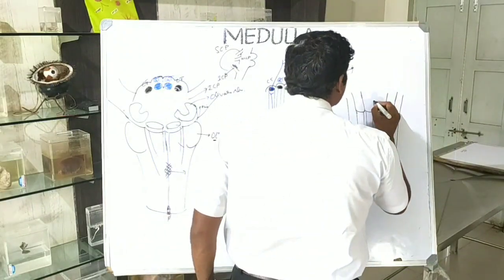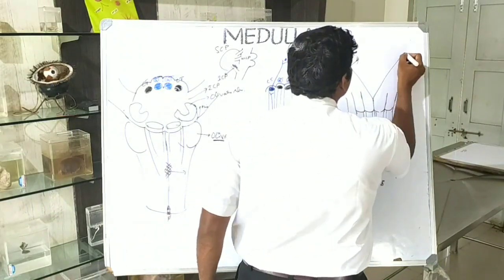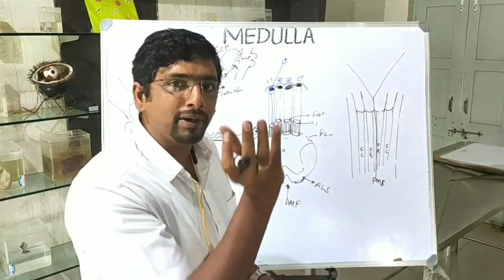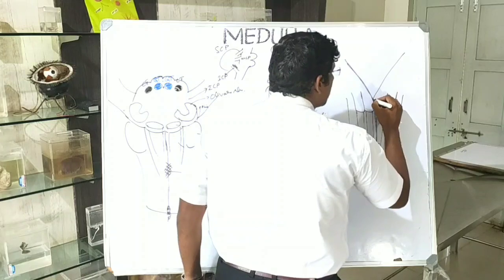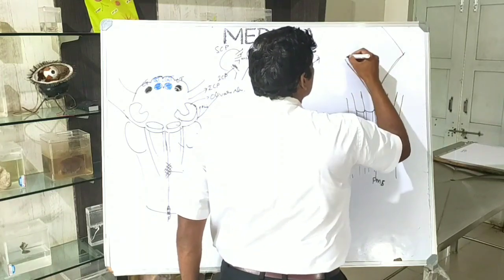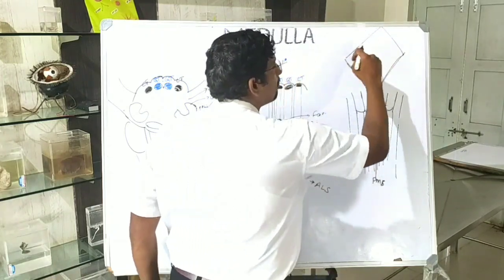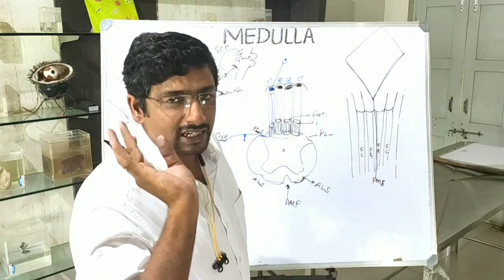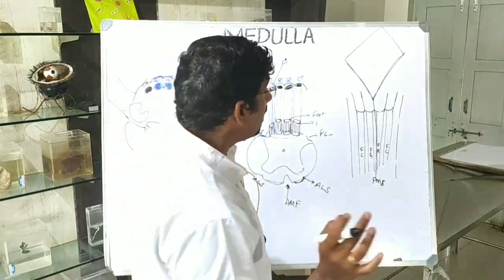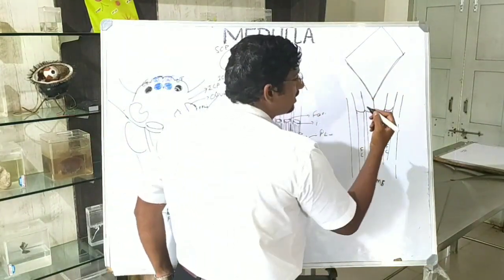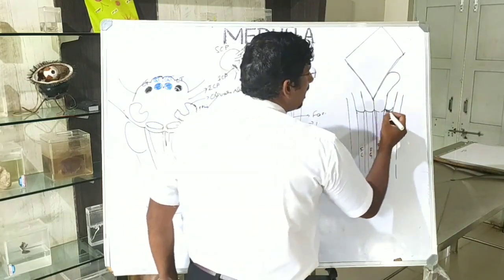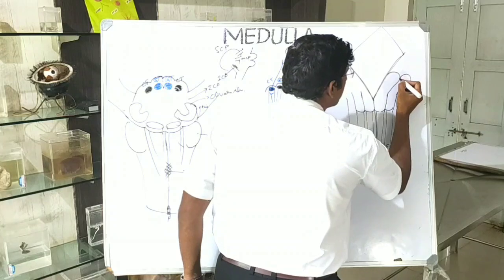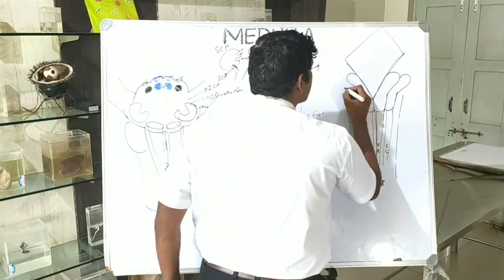And as we know that the medulla is going to open up in the upper part. Okay, as it opens up, and the other half is there in the pons, and the rhomboid fossa from the posterior side where we see is the fourth ventricle, and this fasciculus gracilis is going to end up in a tubercle here, right? And fasciculus cuneatus is also going to end up in a tubercle here.